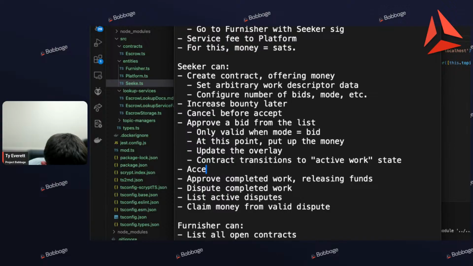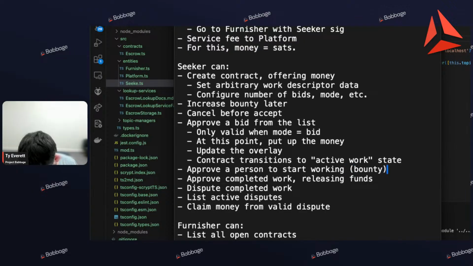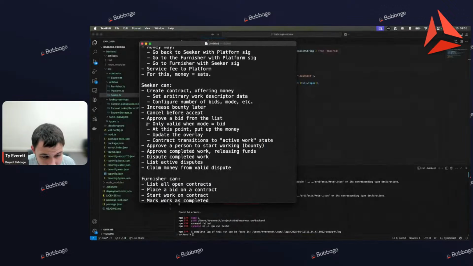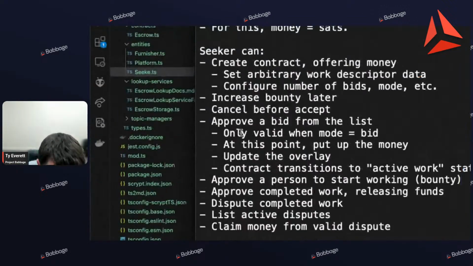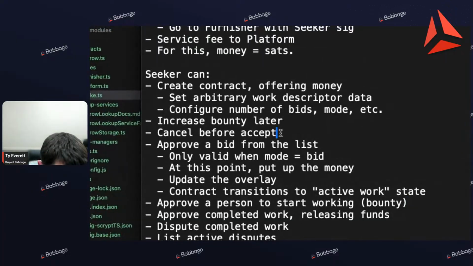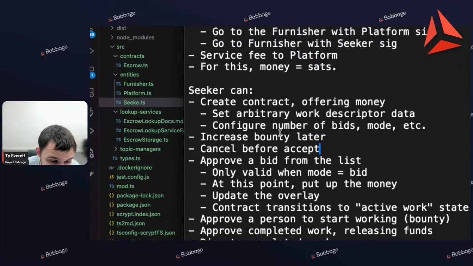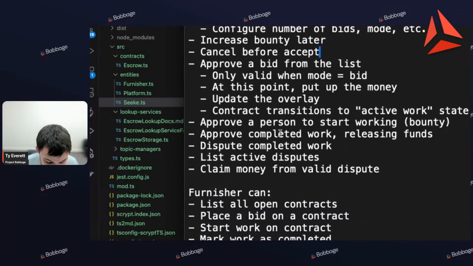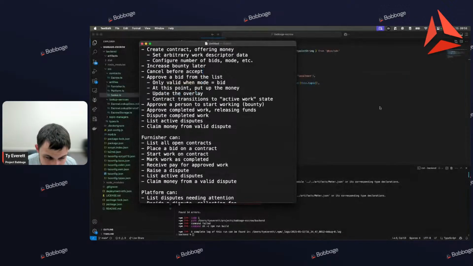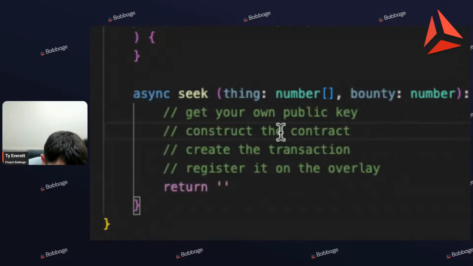I am approving in bounty mode. Okay, so let's think through the logic. We have a few. Okay, I think that clears up the issue with this pseudocode.